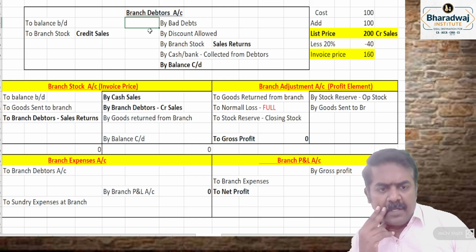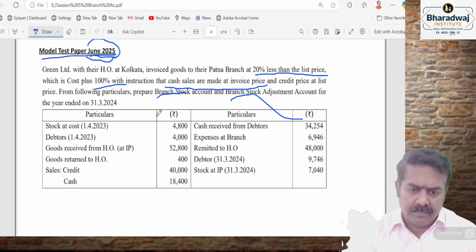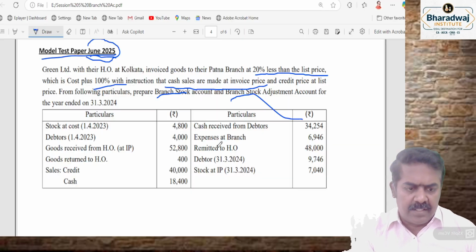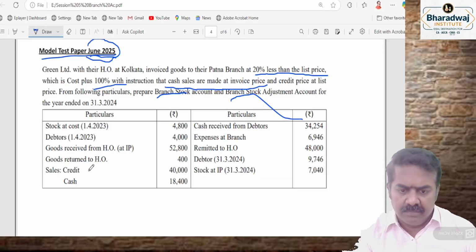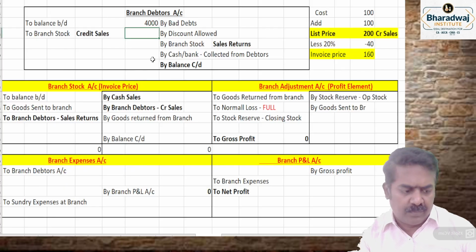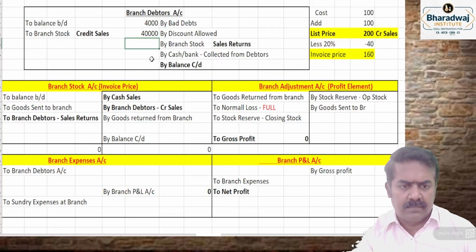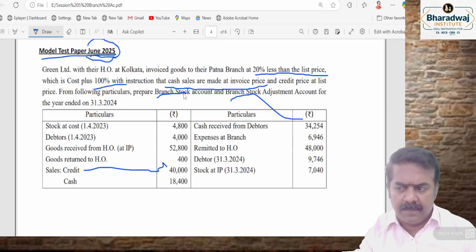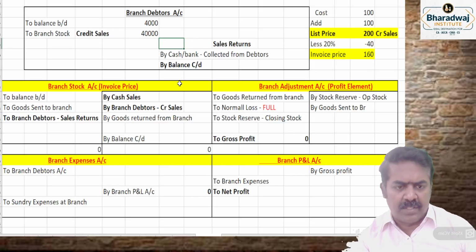Debtors account, how much opening balance is given? 4,000. Credit sales, how much is given? 40,000. No bad debts, discount received. Any sales returns? No sales returns also.